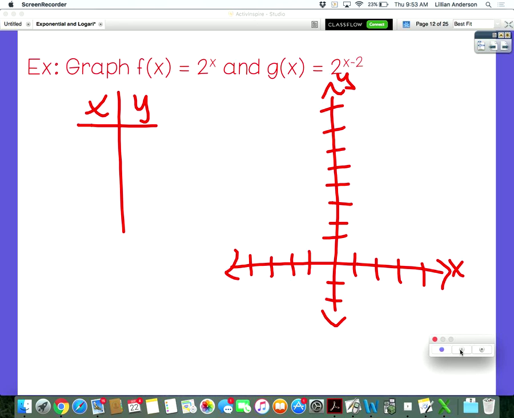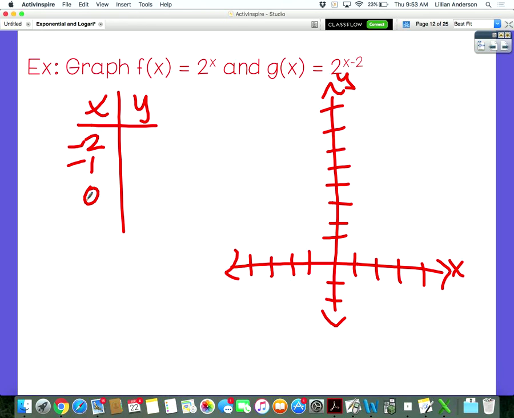So what happens to the graph of 2 to the x to get g? We got to move to the right too. So the graph of 2 to the x using these points, positive 1, 4, 1 half, 1, 2, 4.